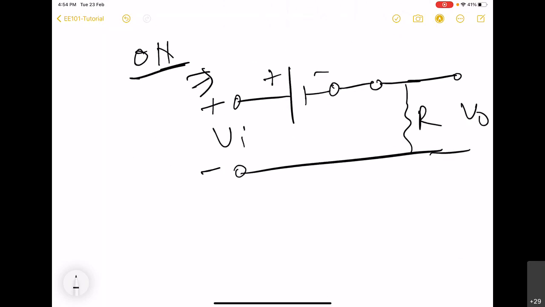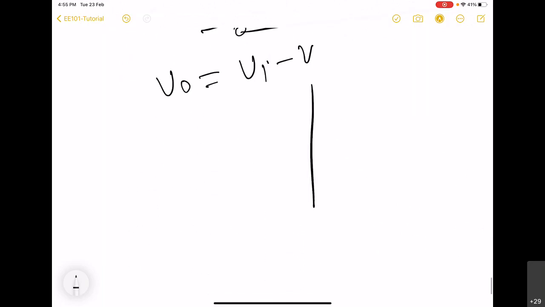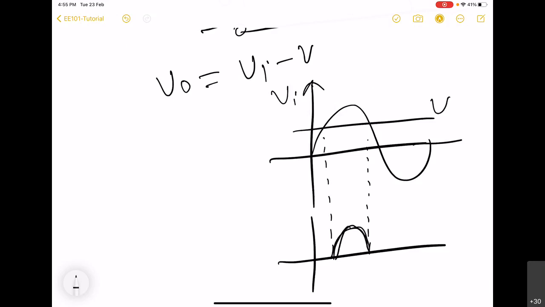So now you can see that Vo is going to be Vi minus this constant voltage V, and this will be valid only over this portion, right? So if this is our input and this is the V level, then my output is going to be non-zero only over this portion, and it is definitely going to be 0 for the rest of the portion of the cycle.